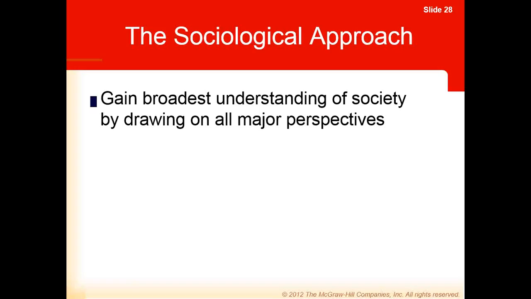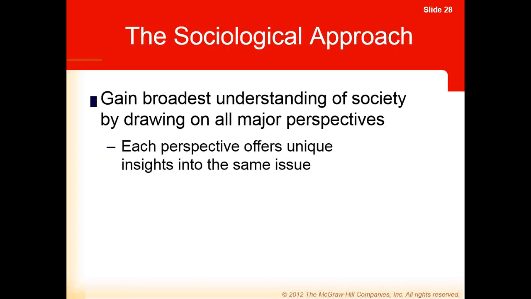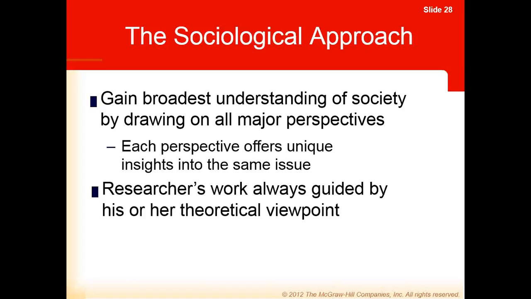And if we bring in how this is creating social dysfunction, beginning to look at how it's harming society overall, well, then we're bringing our functionalist perspective into it. So each perspective is offering unique insights into the same situation or issue.